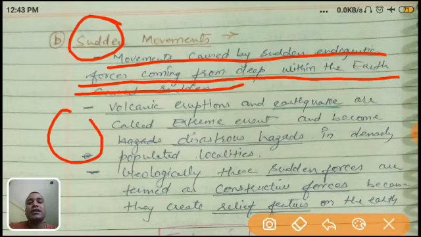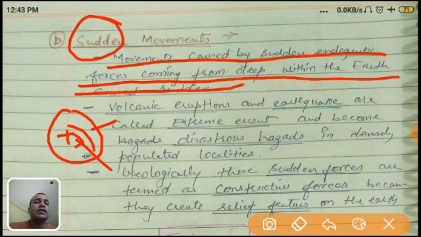In the last classes you have studied the structure of the earth: at the center there is the core, then the mantle, then the crust. When there is a movement deep inside, the crust is displaced and this shows some movement. This is called the sudden movement.